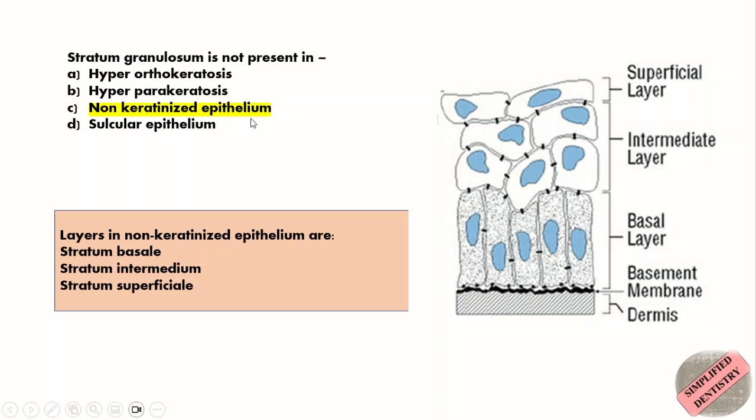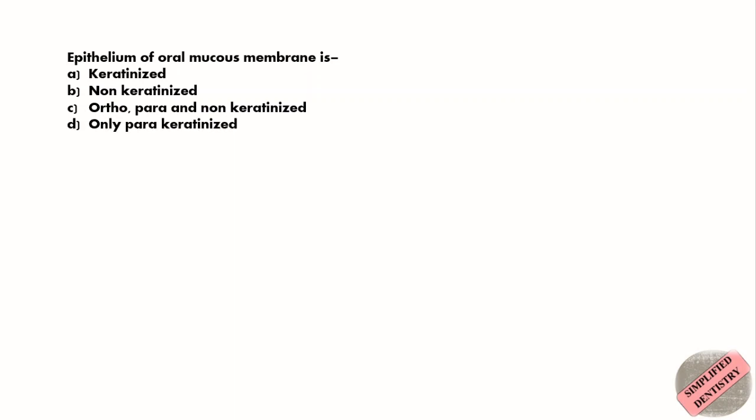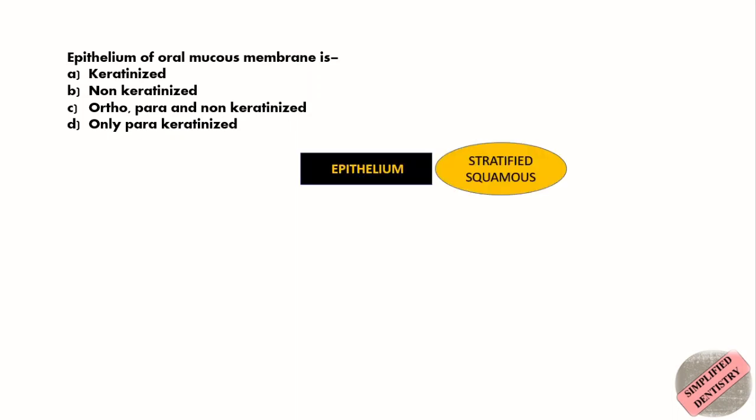The next question is, epithelium of oral mucous membrane is, options are option A, keratinized, option B, non-keratinized, option C, ortho, para and non-keratinized, and option D, only parakeratinized. So, the epithelium of the oral mucous membrane is stratified squamous, and it can be either keratinized or non-keratinized.